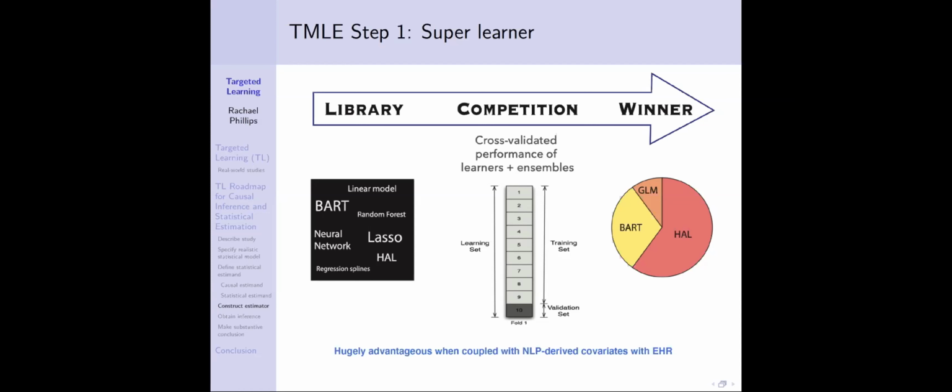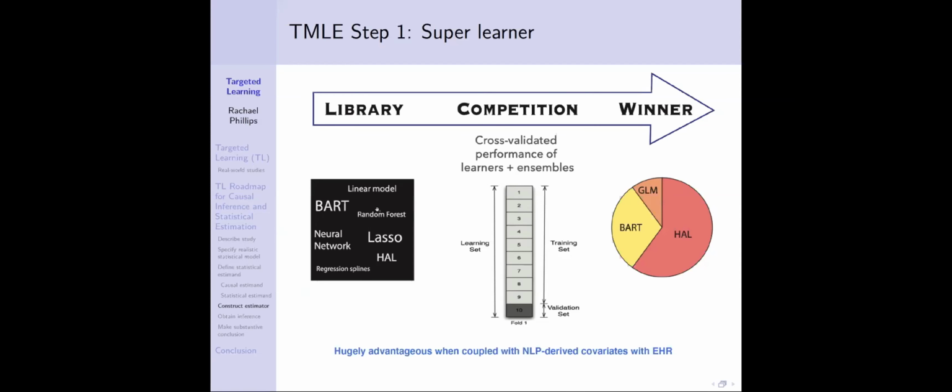We want to make the superlearner library as rich and diverse as possible, with the ability to handle high dimensional data, to be diverse with regard to the learning strategies, and to be as rich as possible. You can also include the same learner with different hyperparameter specifications. This might be of interest in more complex machine learning algorithms like neural networks, where there are several ways to tune them. And we want to consider multiple tuning parameters for the same machine learning algorithm.